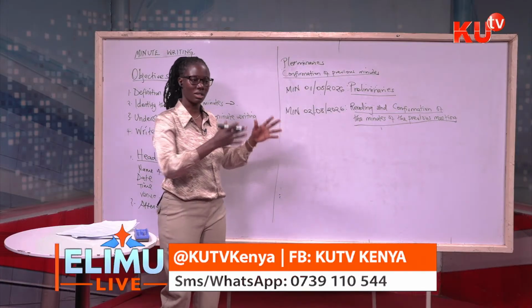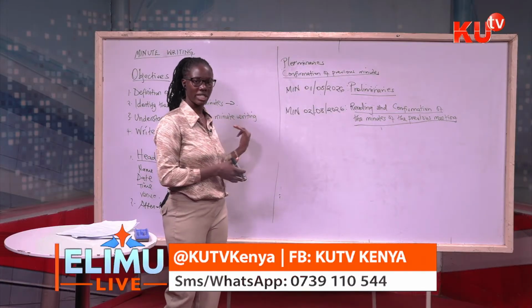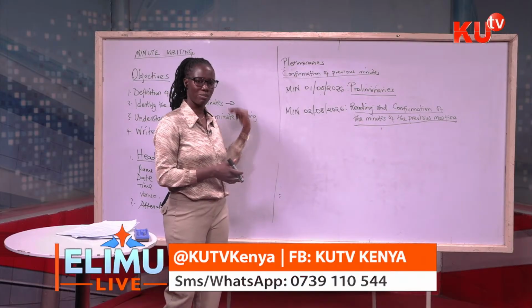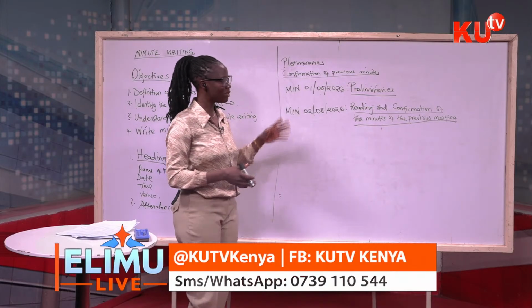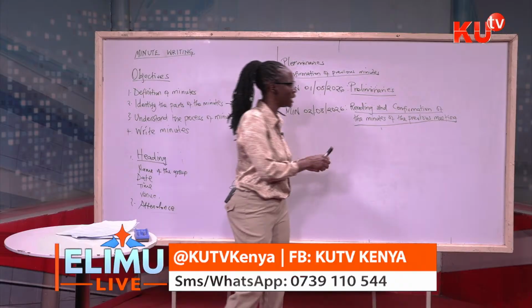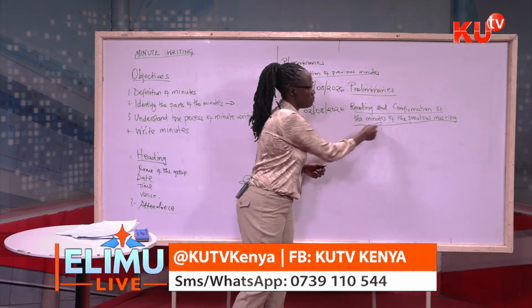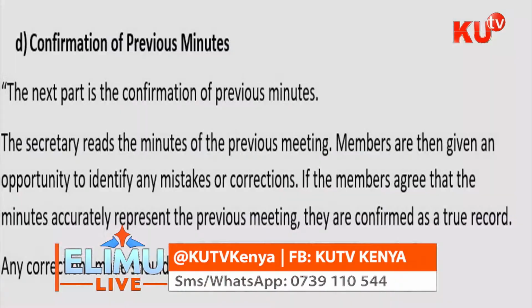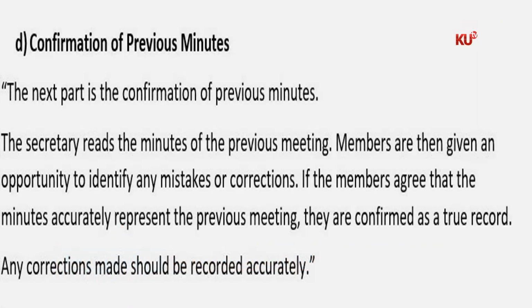So this refers to minutes that were written previously or in our previous meeting. So whatever we are reading and confirming here are minutes and not meeting. So some students are fond of writing reading and confirmation of the previous meeting. We cannot read a meeting, we cannot confirm a meeting, but rather we read and confirm minutes.